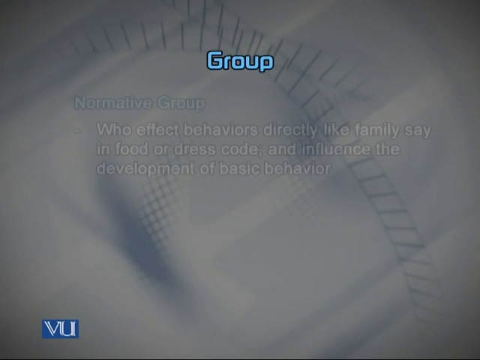So basically, in the reference group, the most important one we have seen as part of our life becomes the family, and we will discuss this in substantial detail at a later stage. Now some examples we can take regarding the normative and the comparative.